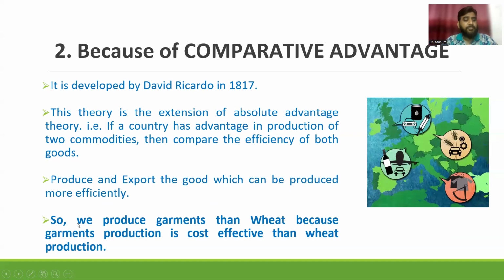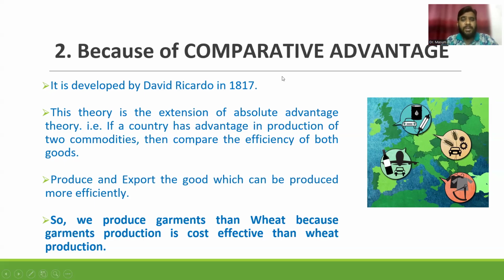Say, for example, we produce garments because our production efficiency in garments is better than wheat production. Wheat production is not efficient compared to garments production. So we are producing garments here because of comparative advantage.